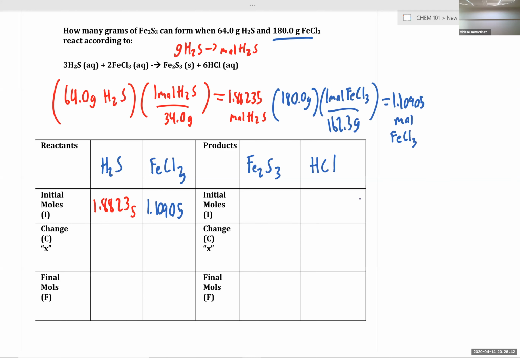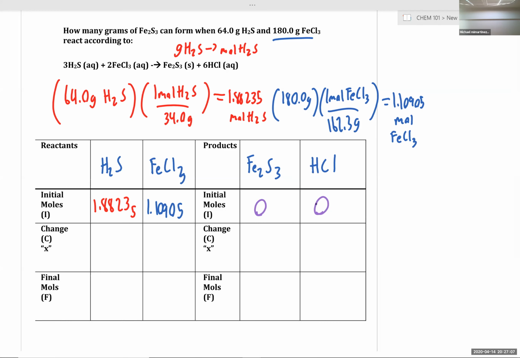Would there be any product if our reaction hasn't started yet? No, exactly right. So we're going to put a 0 for the initial moles of product.